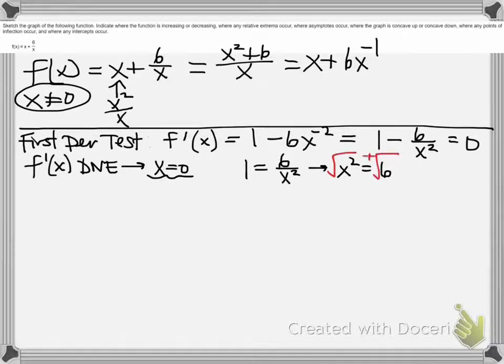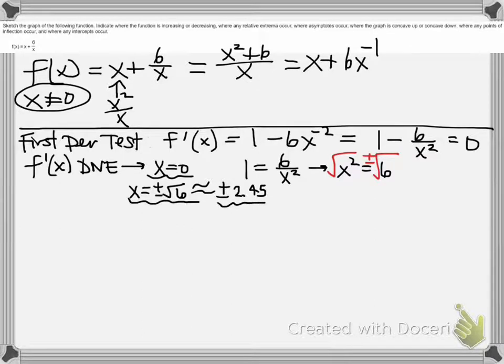Taking the square root of both sides, I get x equals positive or negative square root of 6. So my other critical values are going to be x equals positive or negative square root of 6, and that's roughly equal to plus or minus 2.45 if you put that into your calculator. All right, so these are our critical x values.